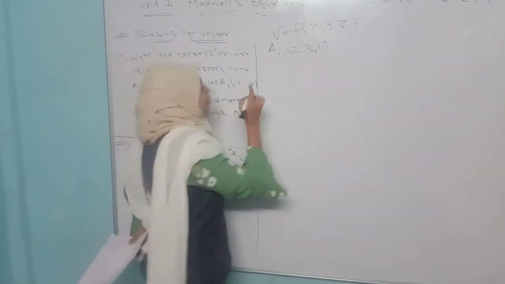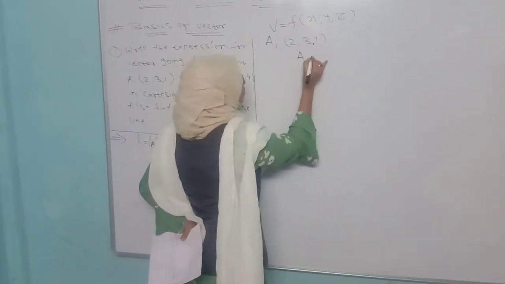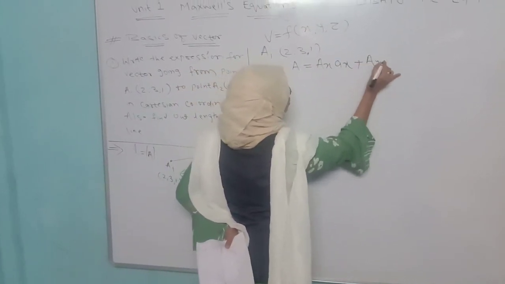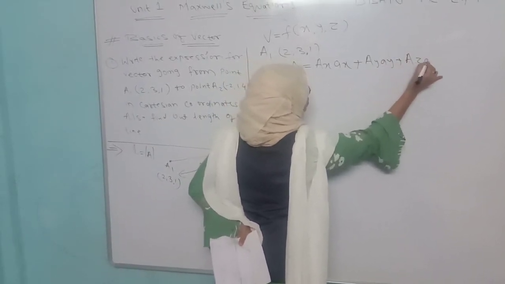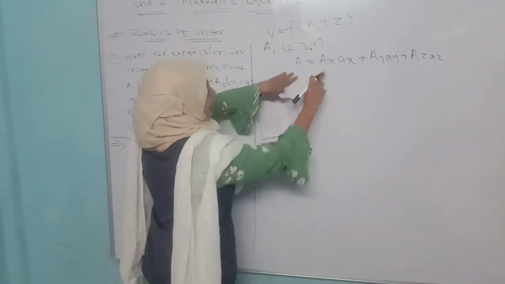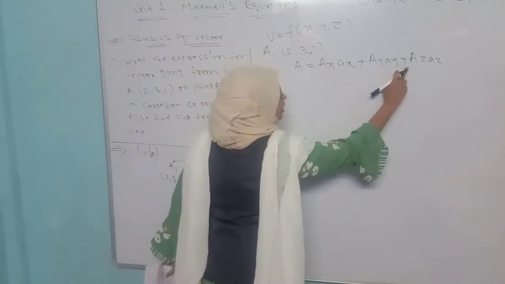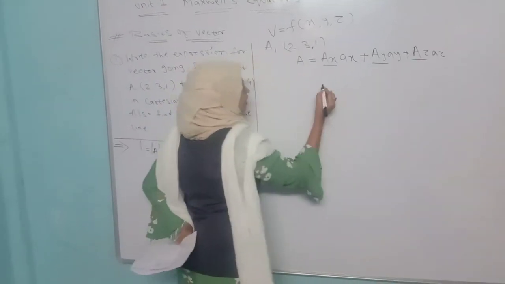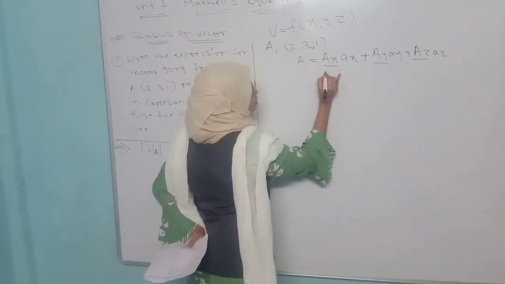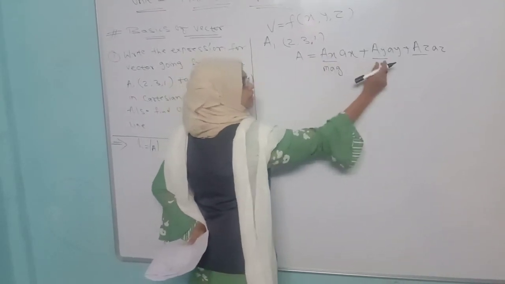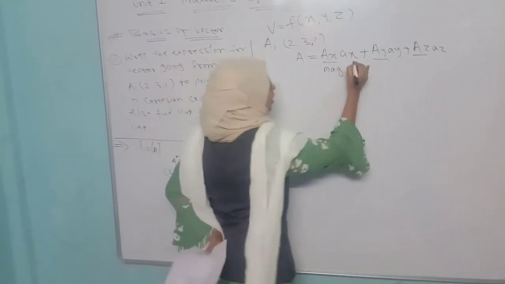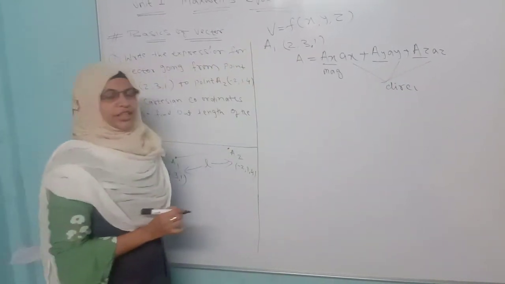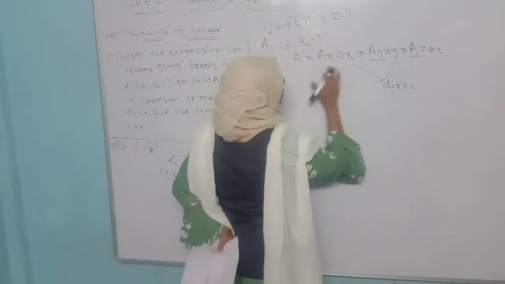How can we represent the same vector in equation form? A is equal to Ax ax plus Ay ay plus Az az, where Ax, Ay and Az are the magnitudes, whereas ax, ay, az are the directions. Now we substitute in the equation.